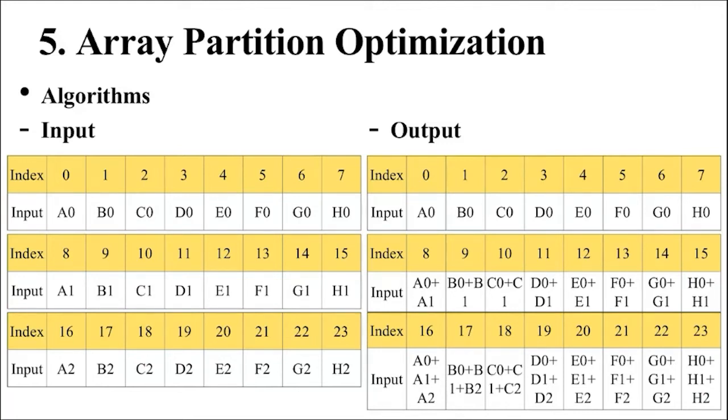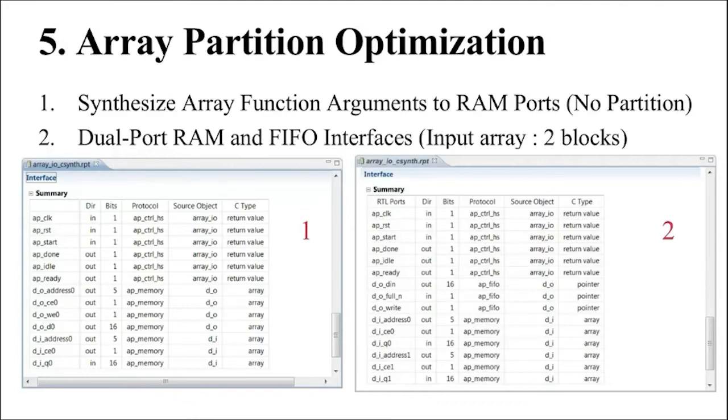This is the algorithm in the source code, and this is the input array, and this is the output array. The output value will be the sum of the input values in the same column. In this lab, we partition the array in 4 ways.